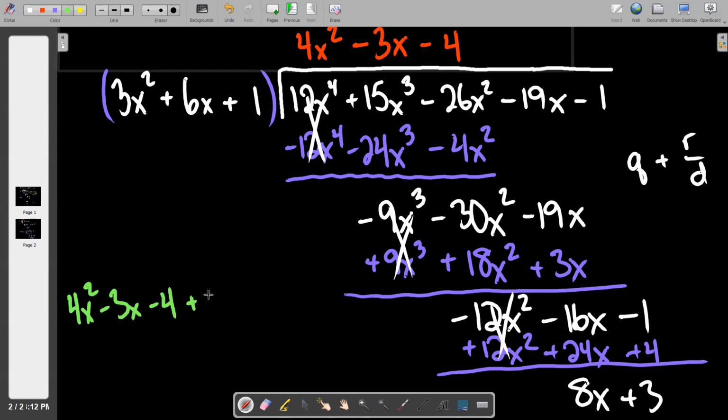And then I'm just going to put plus, and then I'm going to draw a fraction like this. That fraction is like remainder, stick it up on top, divisor, stick it down on bottom. So the vocabulary does come in handy so you know who goes where. What's the remainder? And what's the divisor? 3x squared plus 1. That's that. Quotient plus remainder over divisor.